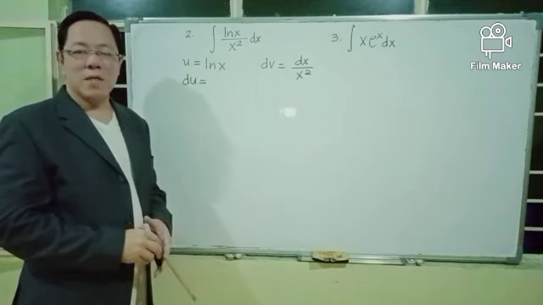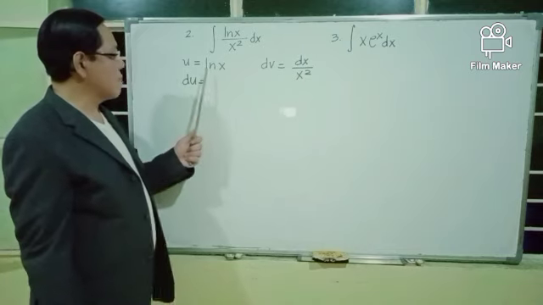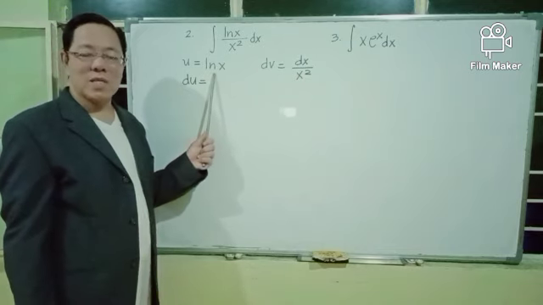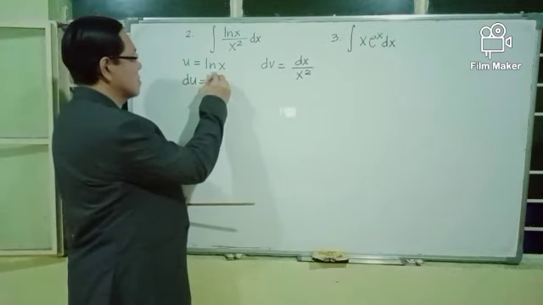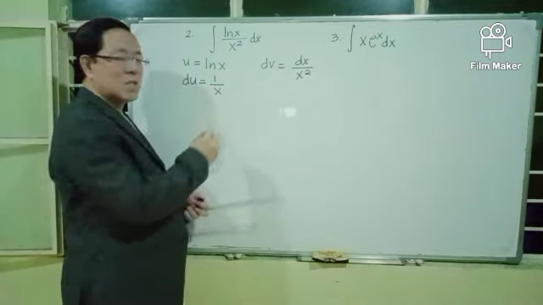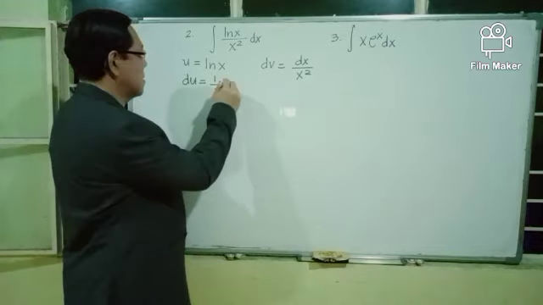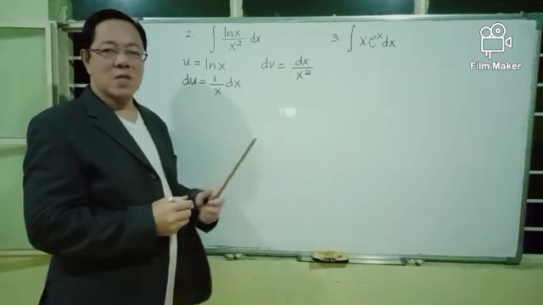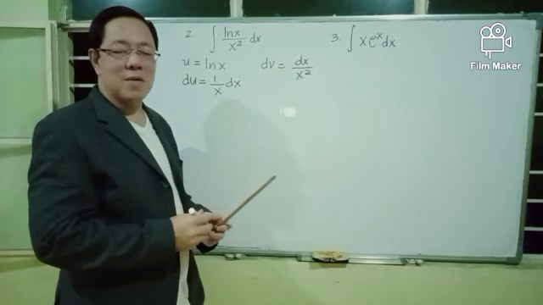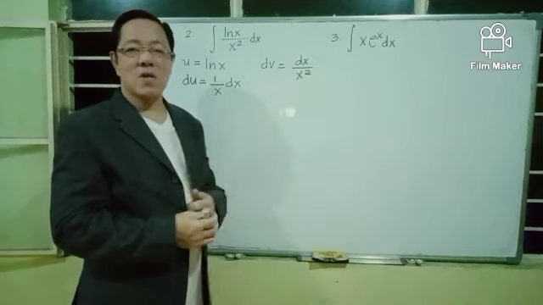And from your course in differential calculus, the derivative of ln x with respect to x is 1 over x multiplied by dx. And from this equation, dv equals dx over x squared.